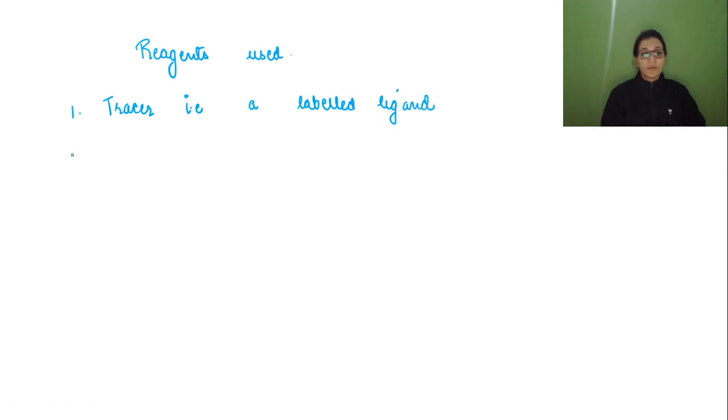Now the reagents which are used in RIA. First reagent is a tracer, that is a labeled ligand. Secondly, the binder.